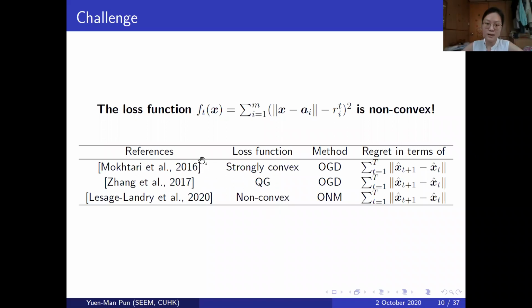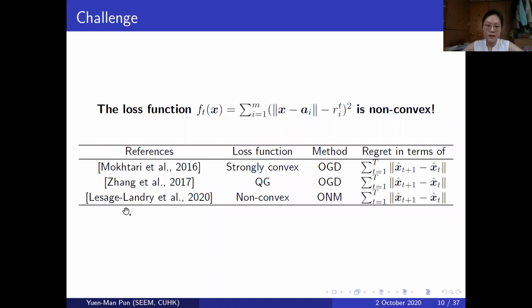In 2016, there was a work on a sequence of strongly convex losses using the method of online gradient descent, which we call OGD, and the regret is given in terms of the path variations. Later, Zhang and his co-authors extended the loss function class to cover functions with quadratic growth, or semi-strongly convex functions, and gave a similar bound.